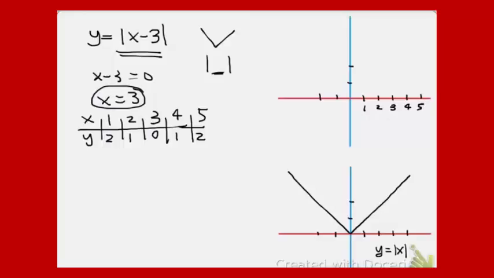Okay, so now we're just going to plot all the points on the graph. And as you see, it made a V shape.